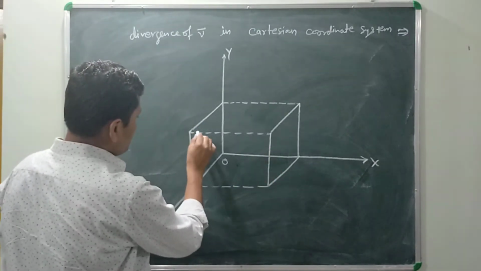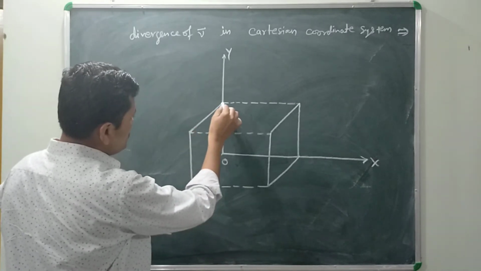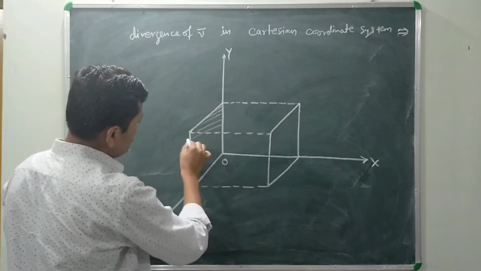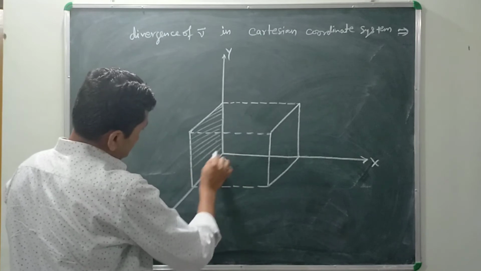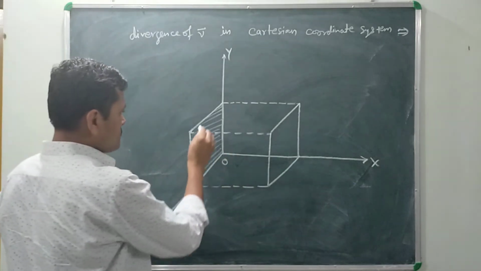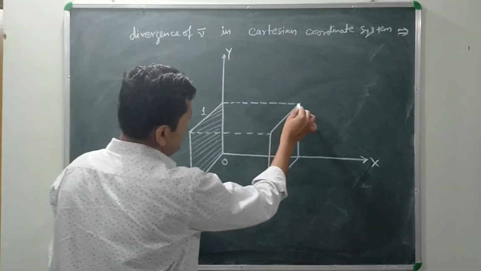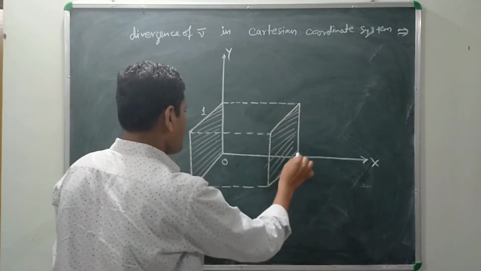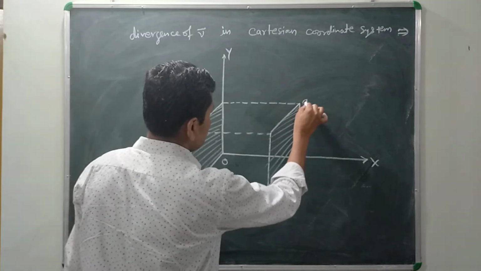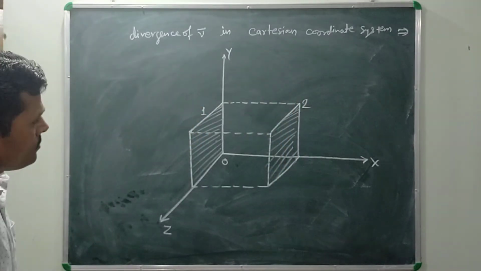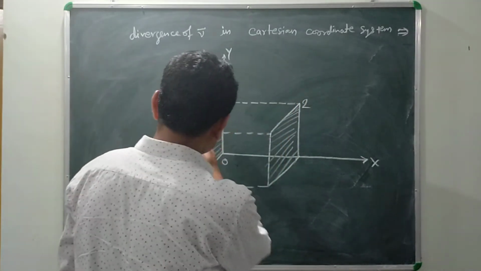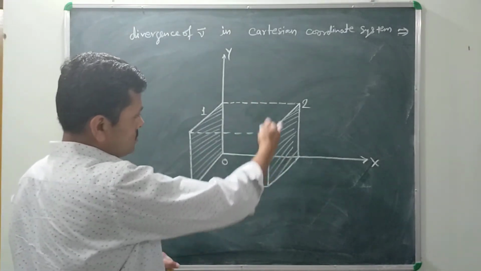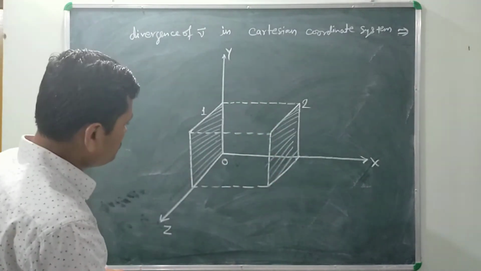Now we are considering only two faces of this cuboid. This is face 1 and this is face 2. And these two faces are perpendicular to this x-axis.